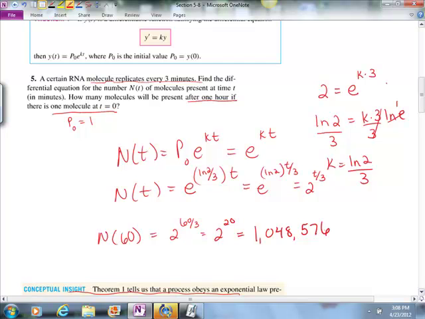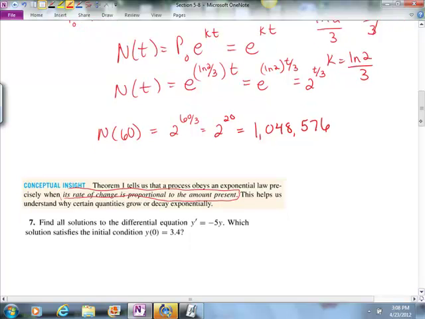So this one was a little bit tricky, figuring out the k. You had to understand this ratio, that if it's replicating every 3 minutes and you start with 1, then after 3 minutes you'll have 2. And using that information, you can find your k and then write your equation.